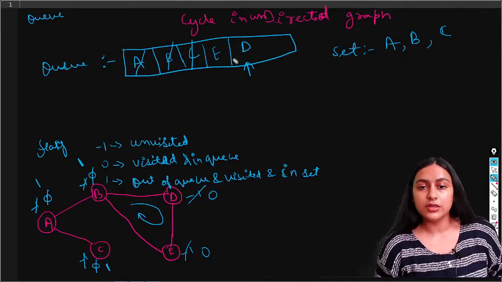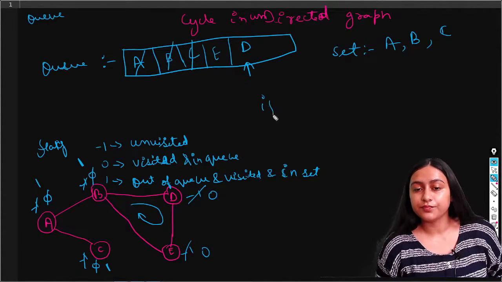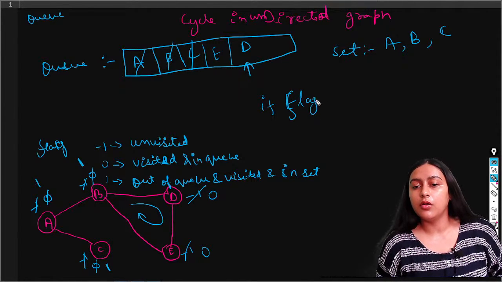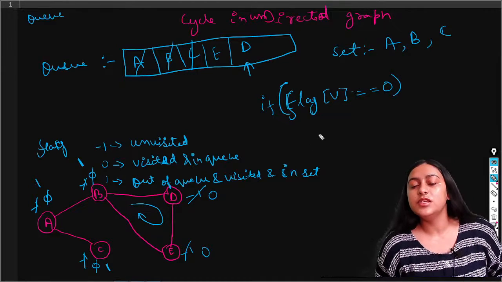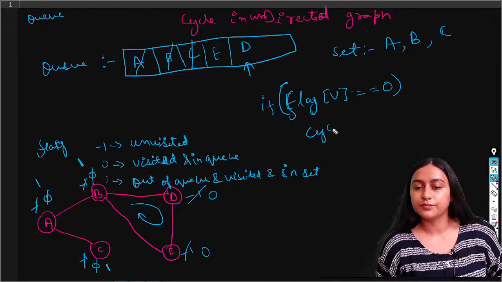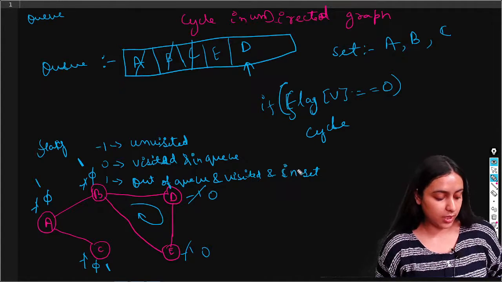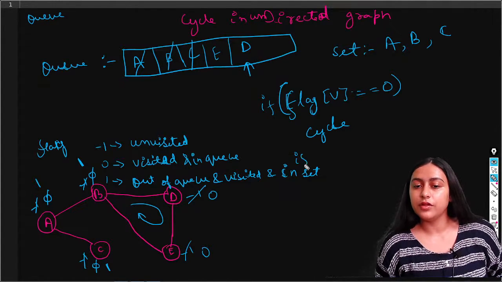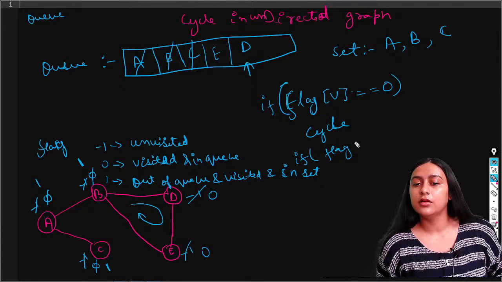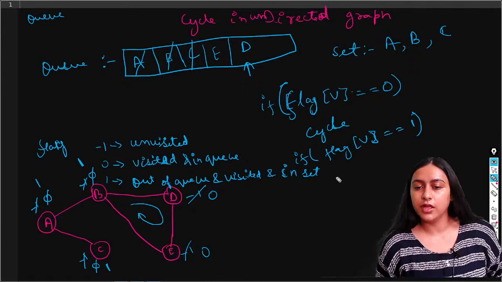Okay guys, so this condition: if flag of V, where V is the vertex, equals 0, then that means we have a cycle. Otherwise, if flag of V equals 1, then that means we have already printed it, so here we just have to continue.